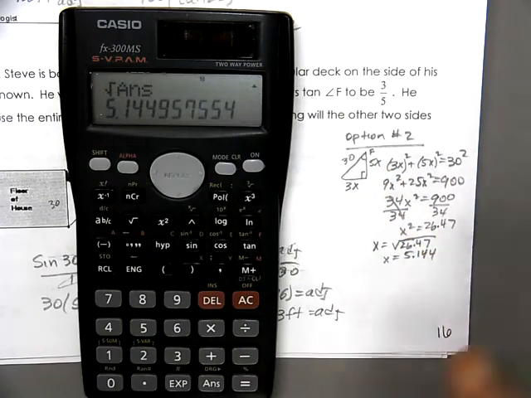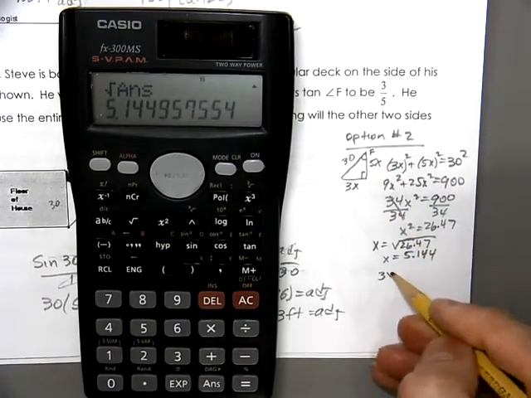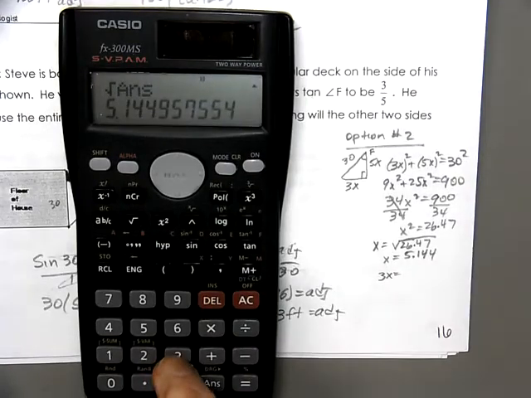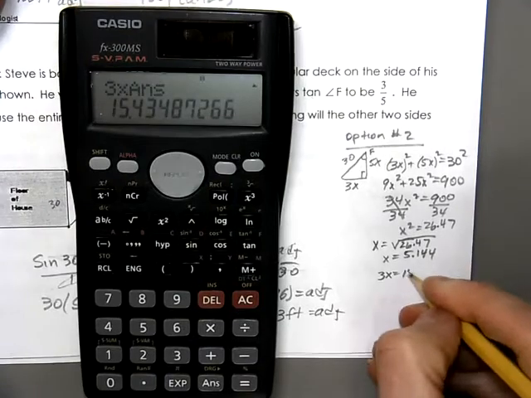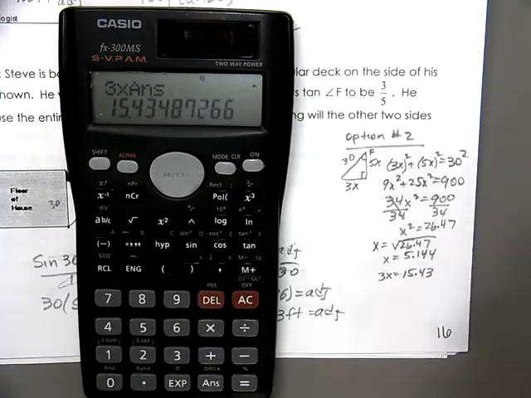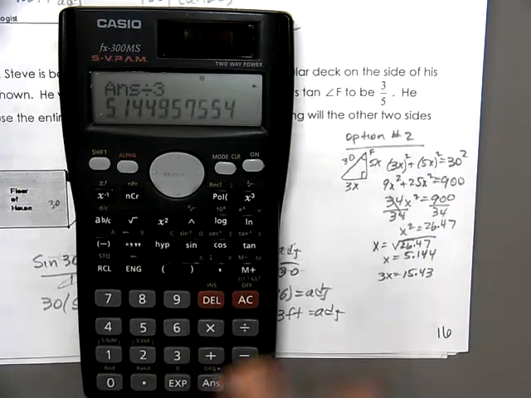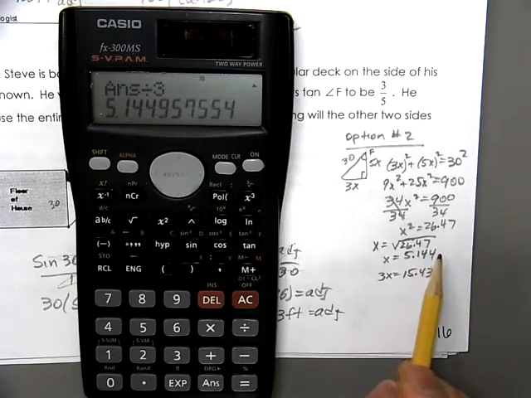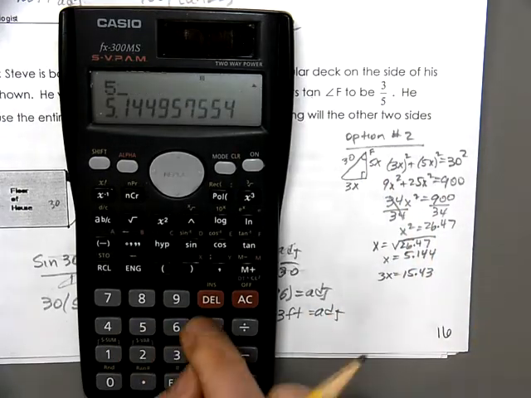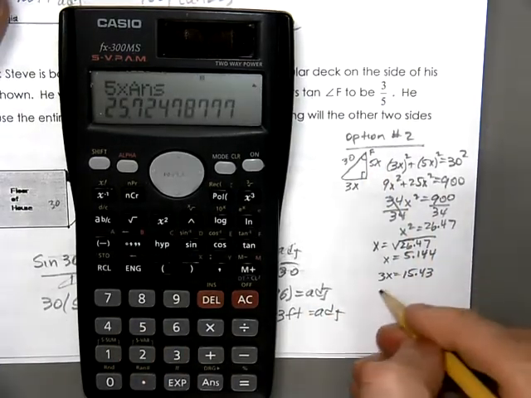So the side opposite would be 3 times that much. So 3 times the answer would give us 15.43. Okay, so now I'm going to divide that by 3 just so we have that number back again, that 5.144. Now we're going to say 5 times that answer.